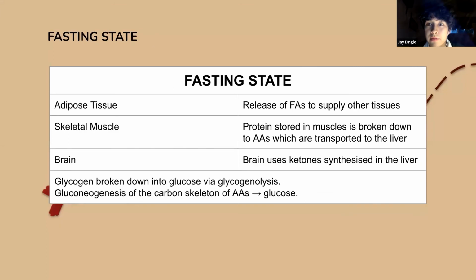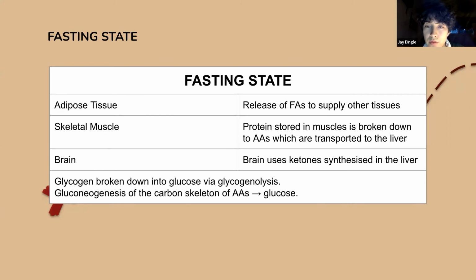In contrast, our fasting state is quite a bit less complicated, sorry. So the liver, remember, needs to make energy available from its storage. So our adipose tissue, where our triacylglycerides are stored, will be mobilized and transported to tissues where the fatty acids are oxidized for energy.